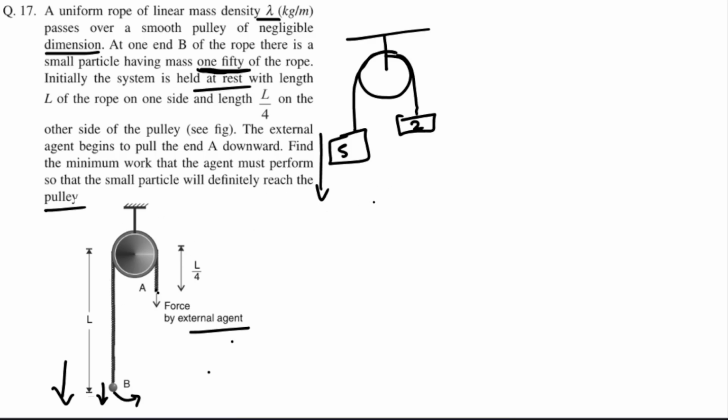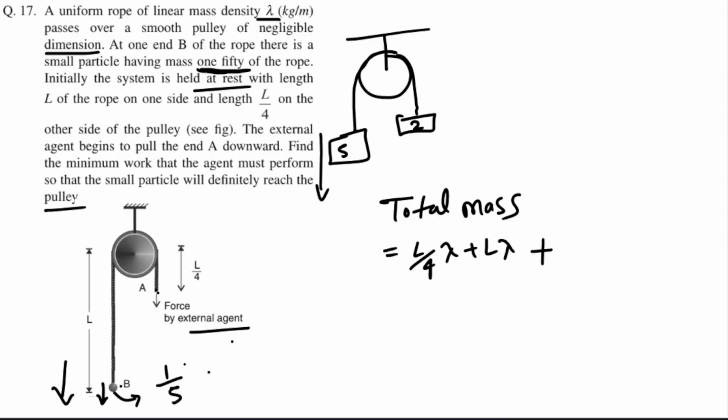Now let us first see how much the total mass is. The total mass will be L by 4 lambda plus L lambda, this is the total length of the string, L by 4 plus L, so this is 5L by 4 lambda, plus the mass of this particle B. So how much mass does particle B have? 1/5 of the total length.